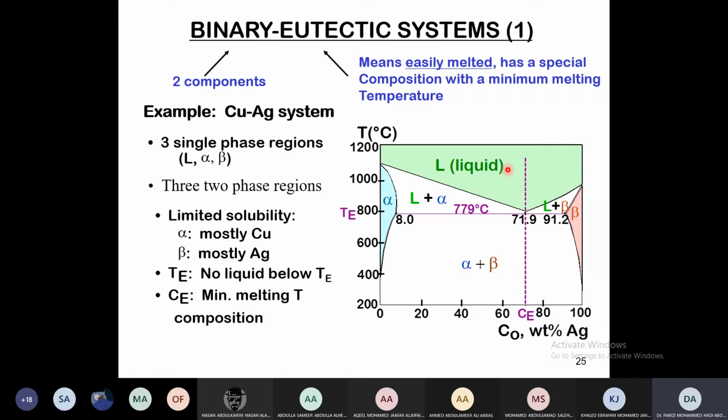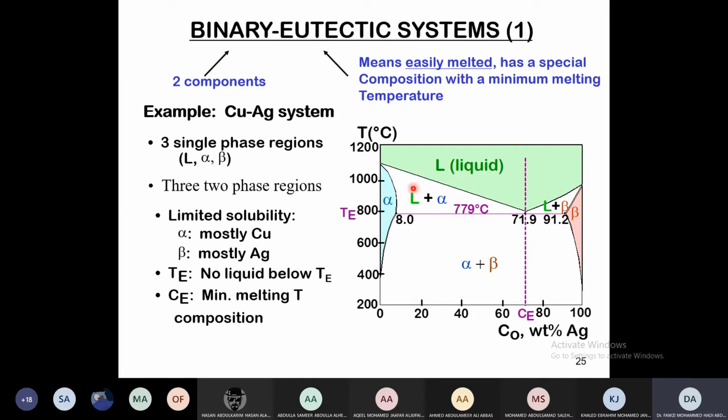You have single phase regions here. This is a single phase region, which is liquid. All that region is a single phase region, which is liquid. This is a single phase region, the alpha solid solution. And that is a single phase region also, the beta solid solution. We also have three two-phase regions.